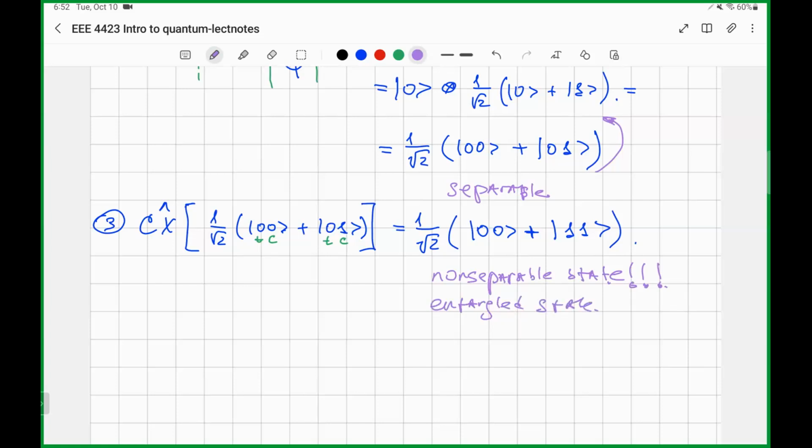An entangled state is not a separable state, and this is a truly quantum phenomenon, which cannot be achieved in classical physics. Okay, of course, the question is what is the physical model for the C0 gate?